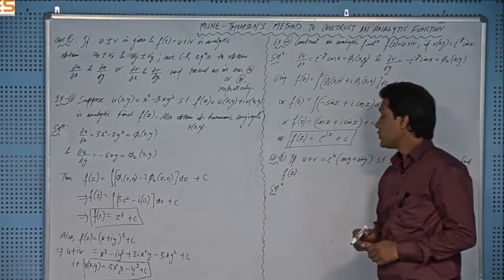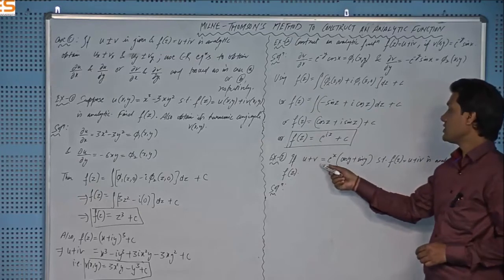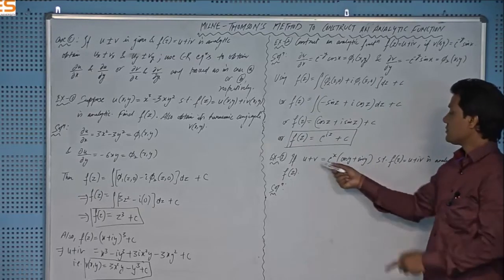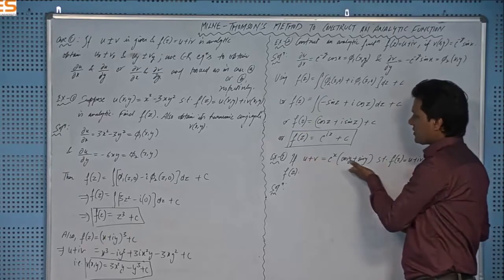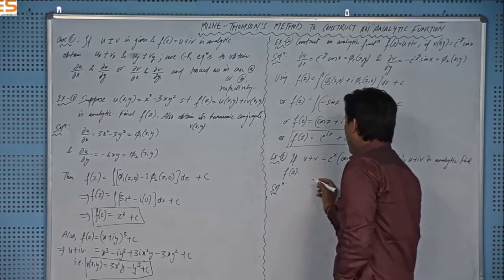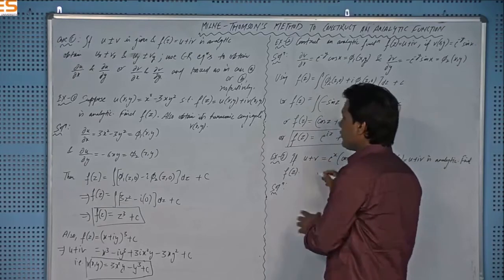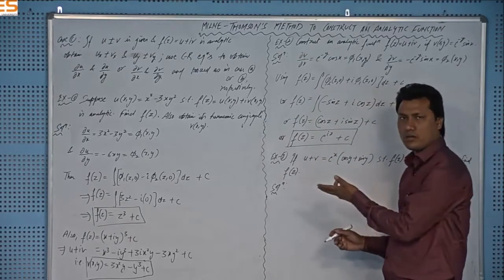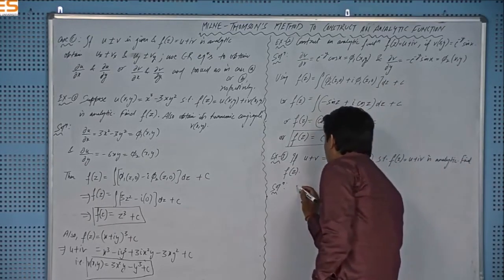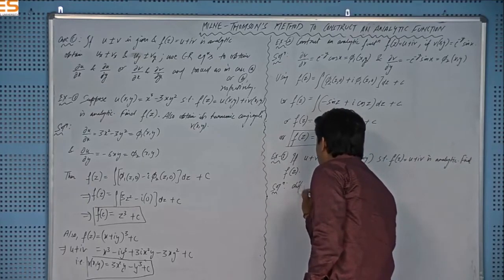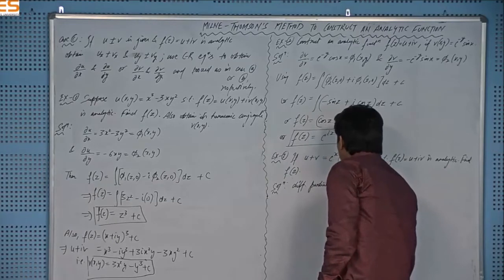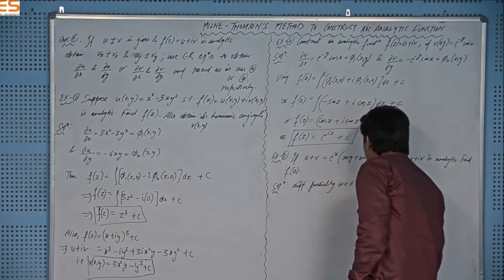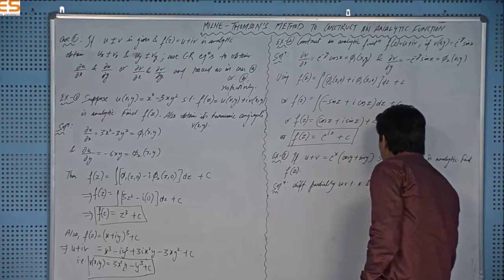So the only choice you have is to differentiate this with respect to x once and then with respect to y, right? So differentiating partially with respect to x and then y one by one.